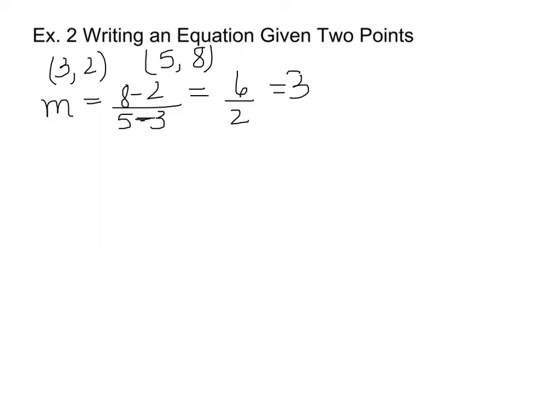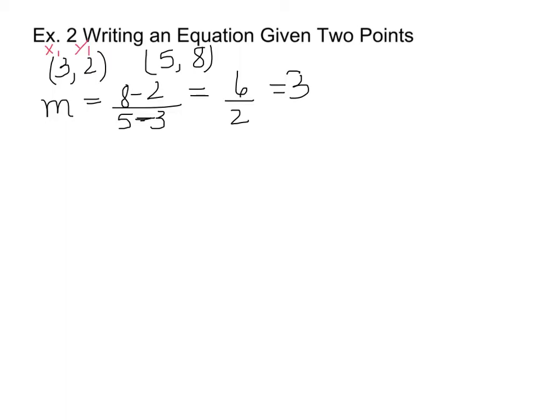Now, because we only have the slope and we have 2 points, you get to choose which one you want to be x1 and y1. So I'm going to choose the first set, and it doesn't matter. And so I have x1, y1, and I have m.